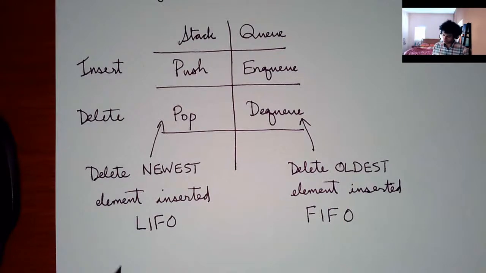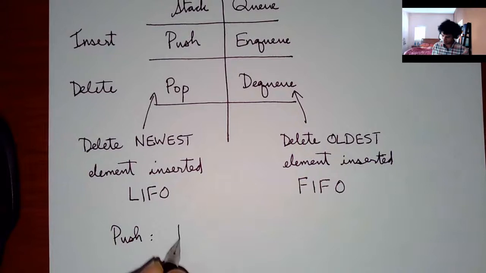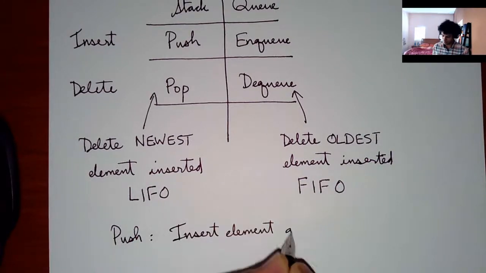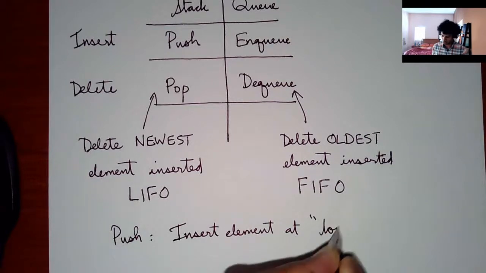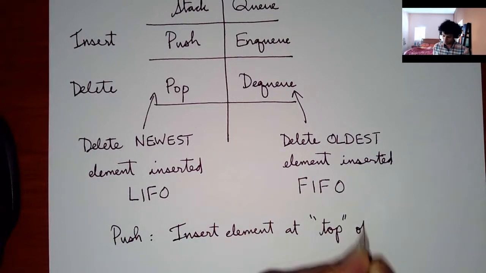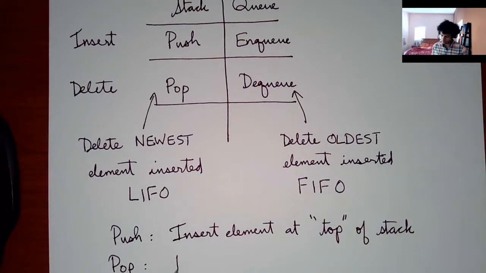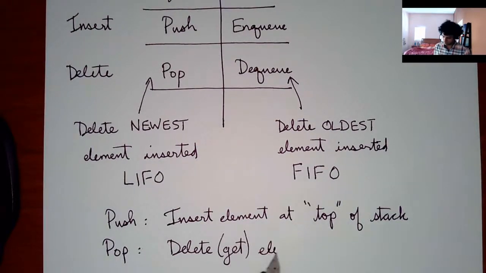So in a stack, you can think of a push as insert element at the top of the stack, and a pop is to delete, or often it's to get the element at the top of the stack.